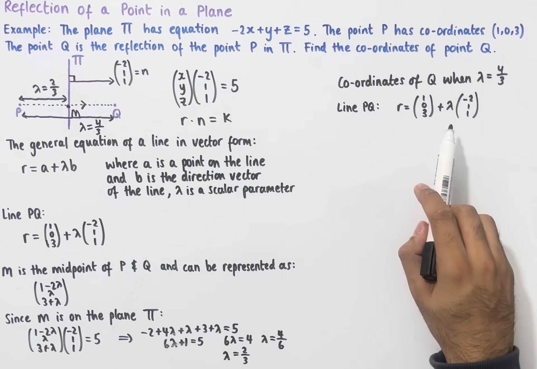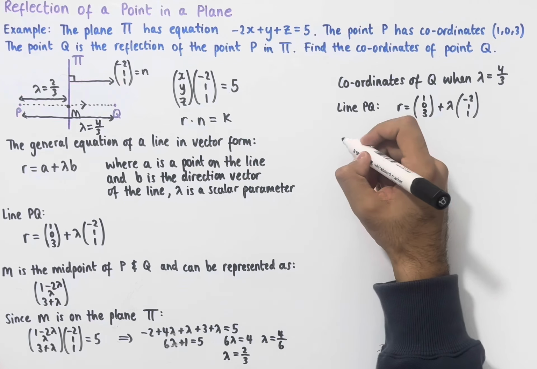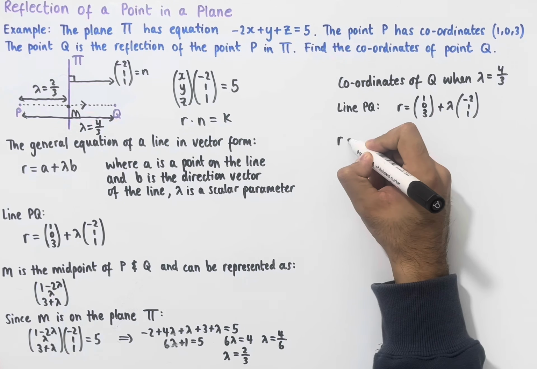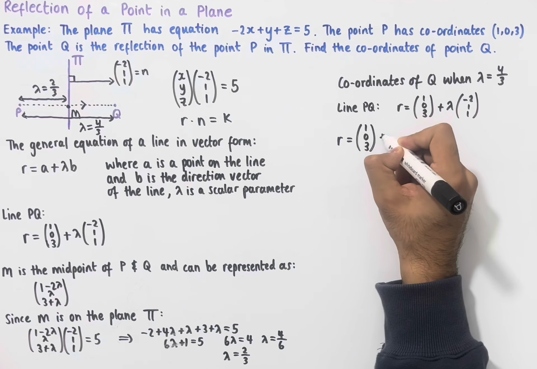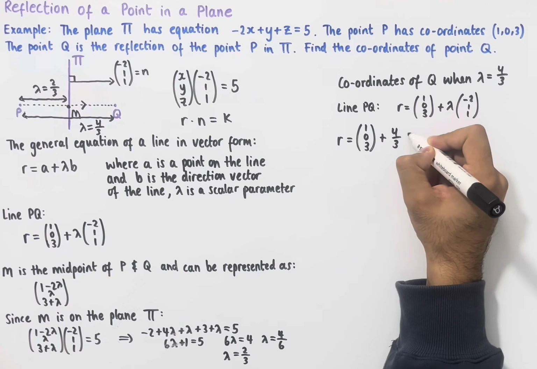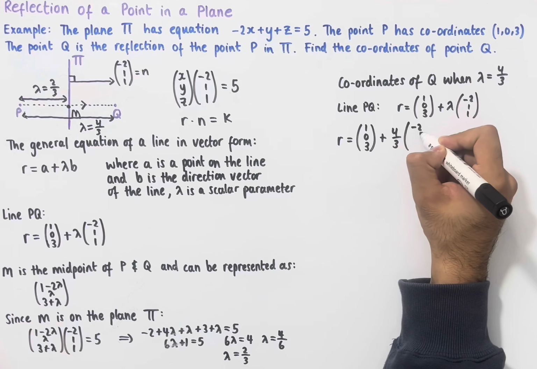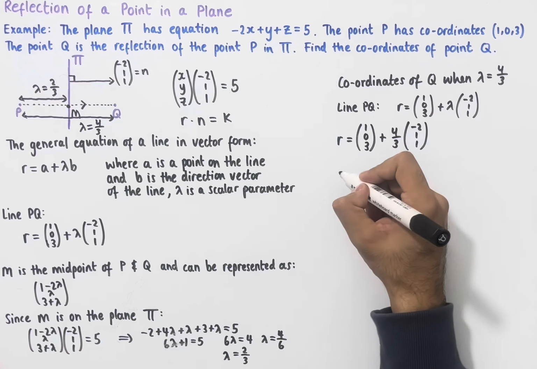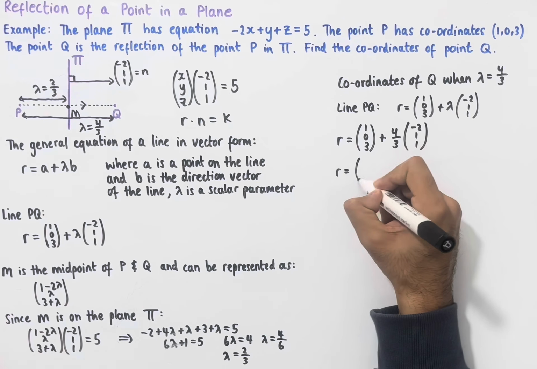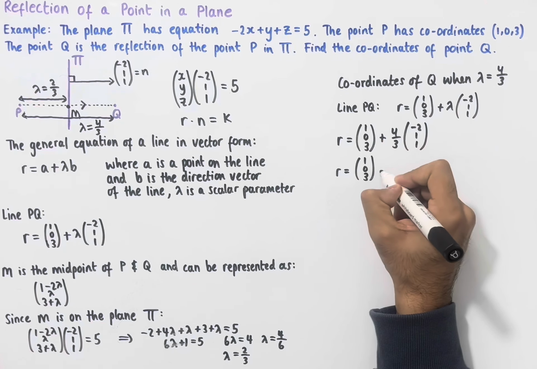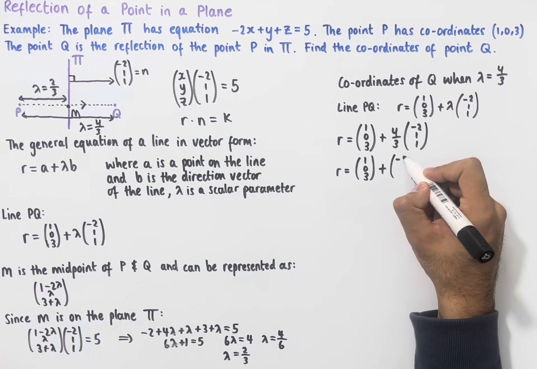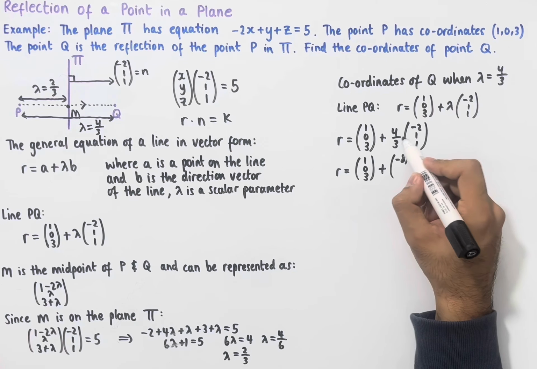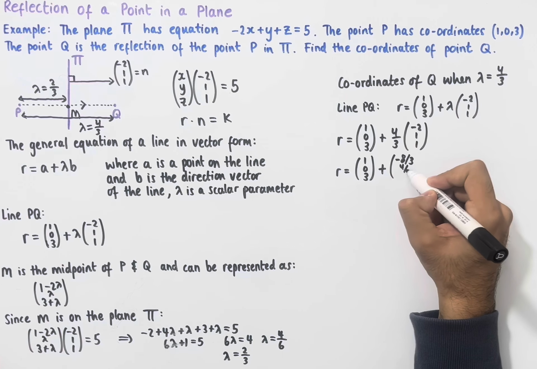So if we substitute lambda equals 4 over 3, we end up with the coordinates of Q as being r equals 1, 0, 3 plus 4 over 3 times minus 2, 1, 1. And so multiplying this out, we get r equals 1, 0, 3 plus, now 4 over 3 times minus 2 gives us minus 8 over 3. 4 over 3 times 1 gives us 4 over 3.